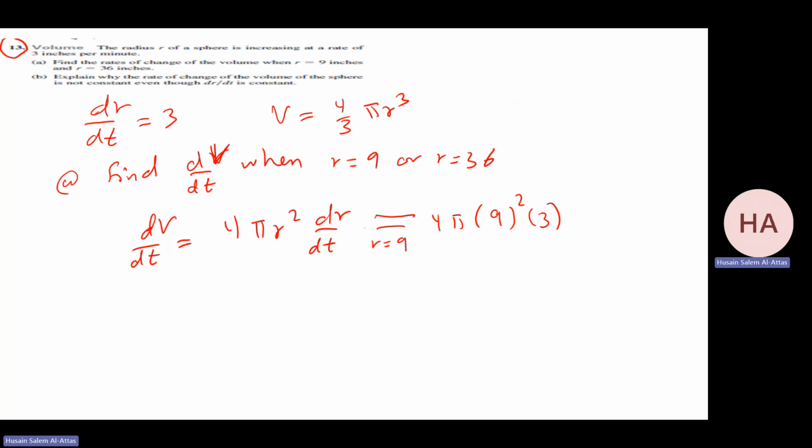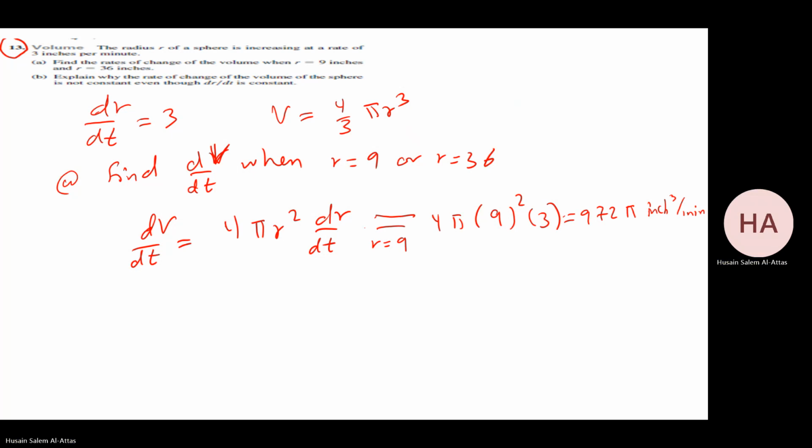That will be 972 pi centimeter cube. Oh, this is feet, huh? Is it inches? Yeah, when r equals 36, just like the numbers here.